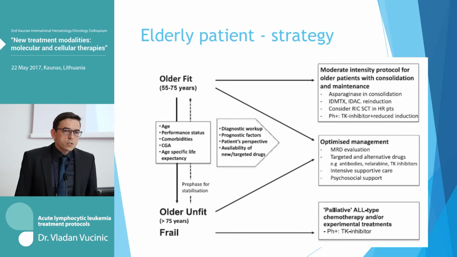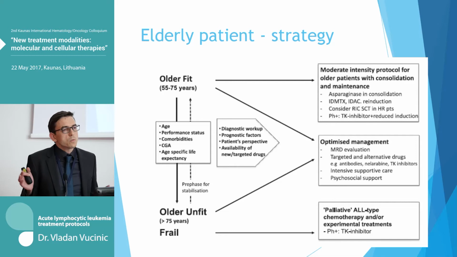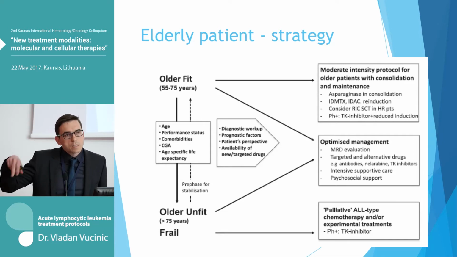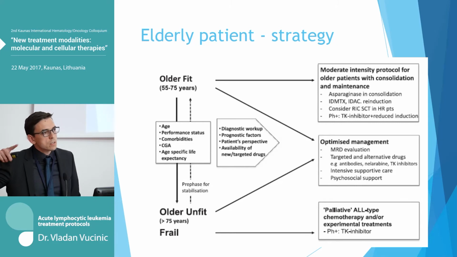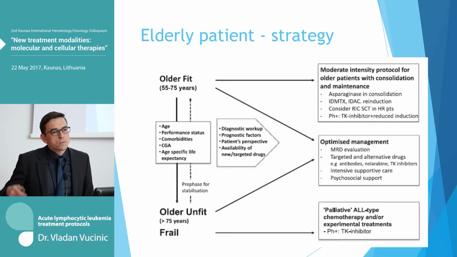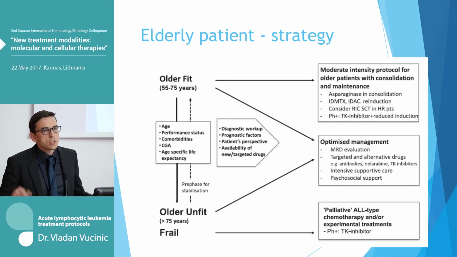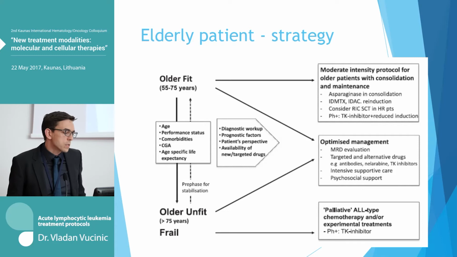We are coming to the question of elderly patients, and elderly patients are a very heterogeneous group, and if you remember one of the first slides, I showed you the curve of the patients above the age of 55. There is also data showing the curves for the frail patients, with very bad prognosis.